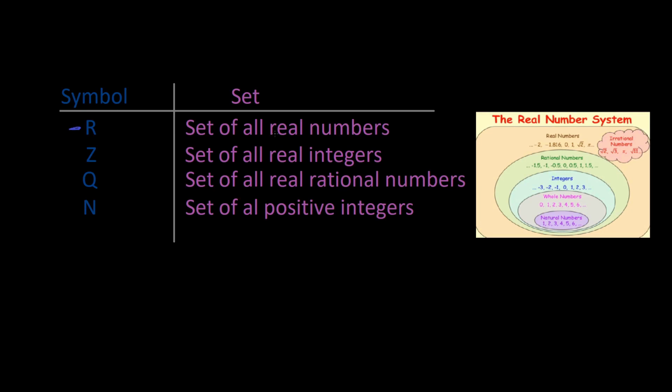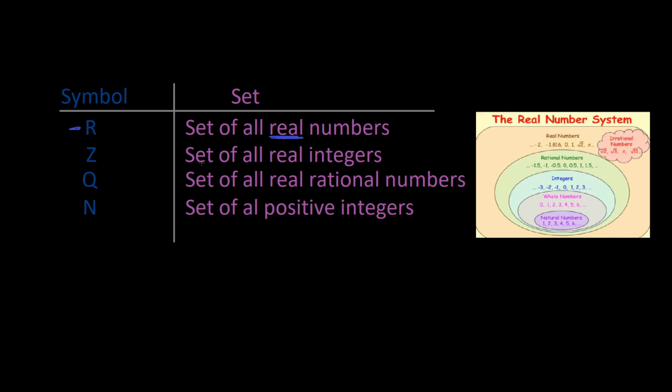It's the set of all real numbers. All real numbers. So that's really important. So let's take a look. I put a little chart down here. And so all real numbers comprises everything. Everything from irrational, rational, integers, whole numbers, and natural numbers.